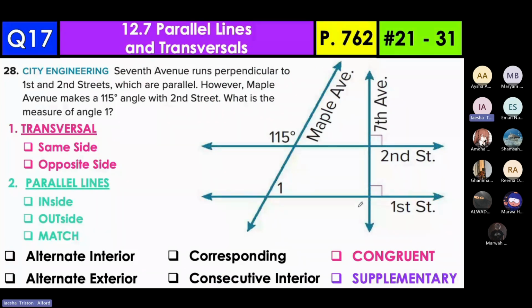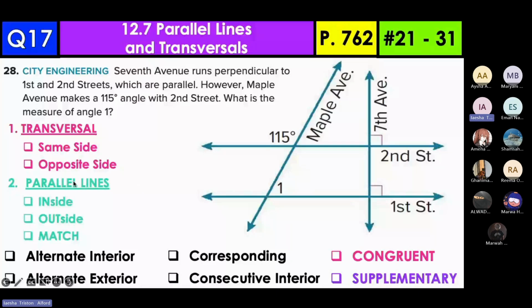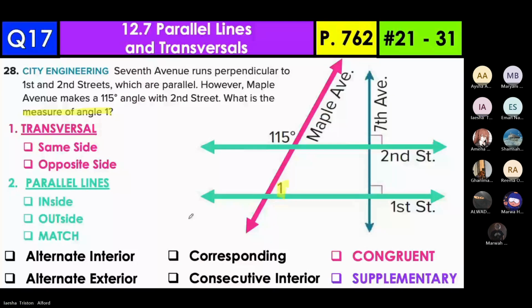Here we have number 28. Same again. They want the measure of angle number 1. So here is angle 1. Put your parallels. What should be the transversal, Maple Avenue or 7th Avenue? Maple. Here, we're talking about 1 and 115 degrees.